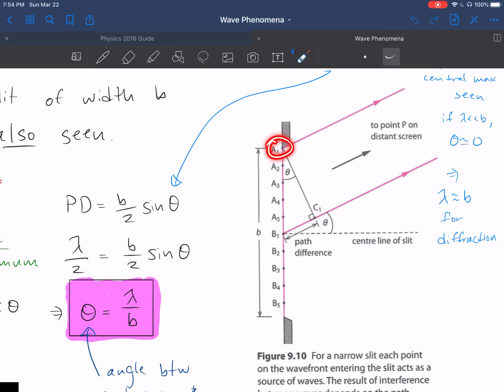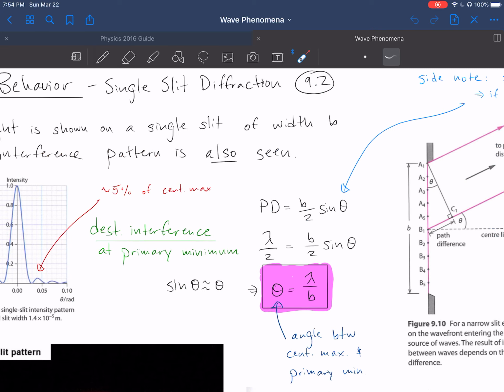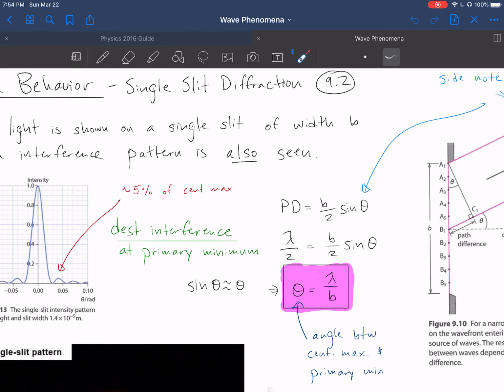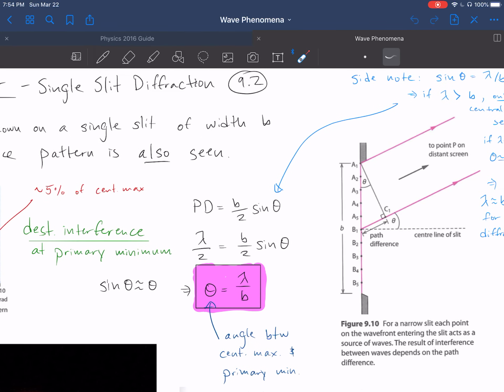So A1 is interfering with B1, A2 is interfering with B2, and so on and so forth down the line. Okay, and if we're talking about destructive interference at that primary minimum, then what we're talking about is A1 interfering with B1 destructively.